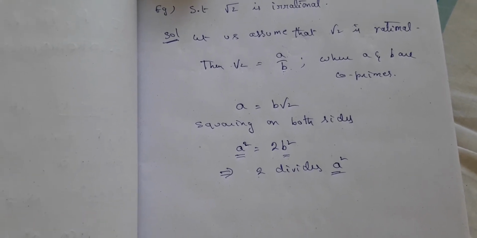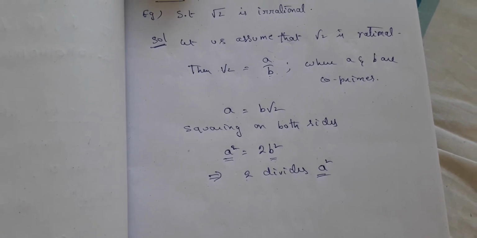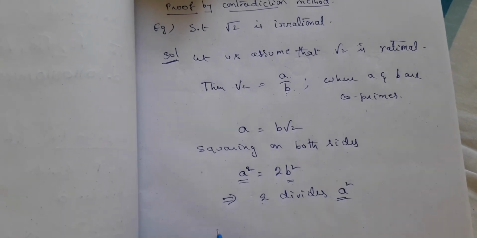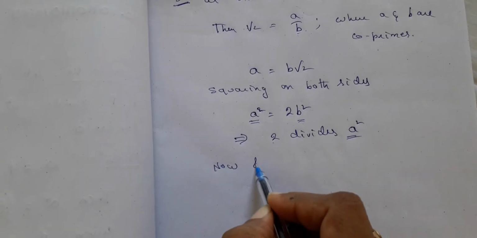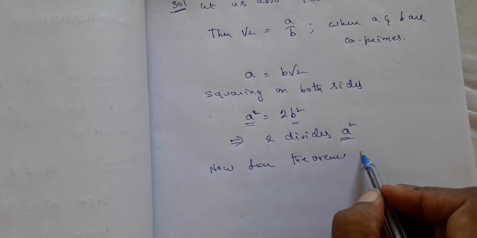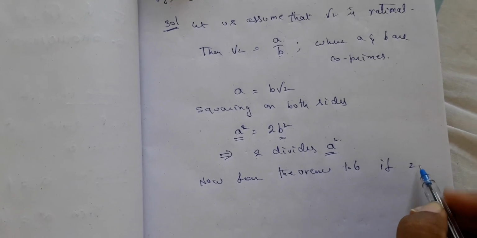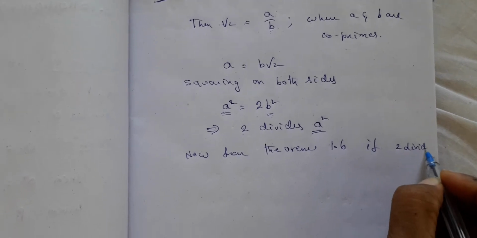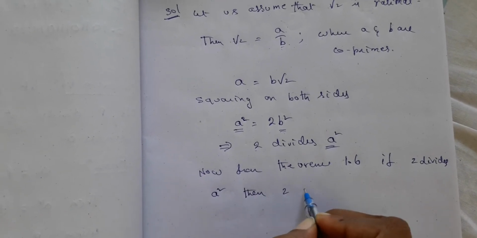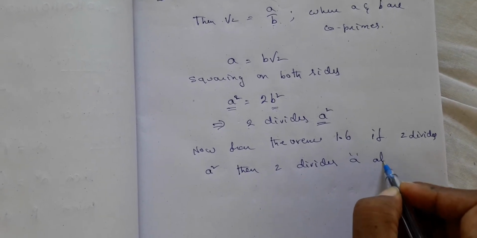So from theorem 1.6, if 2 divides a square, then 2 divides a also.